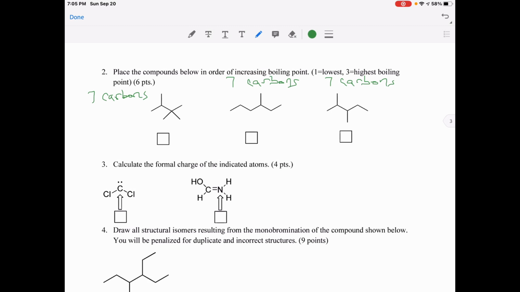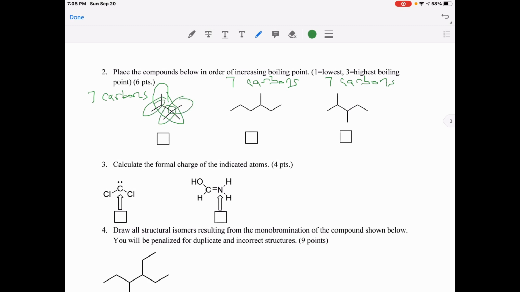So when we look at this, a convenient way to do this is to find the main chain of each of these compounds and to find the number of substituents that they have. So let's go ahead and do that. For the compound on the left, we have a main chain that runs down the middle, and we find that there are 3 substituents.